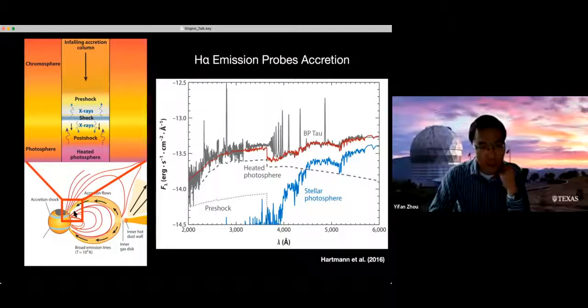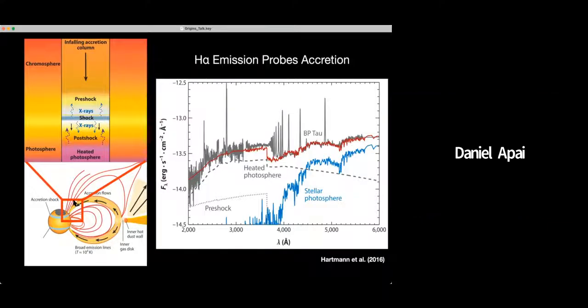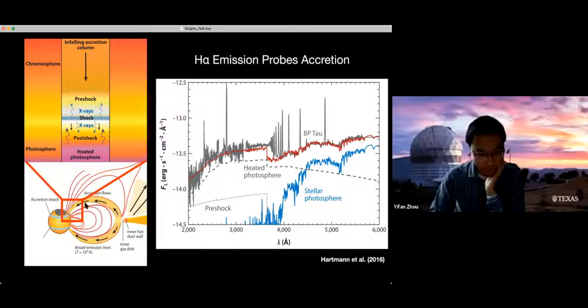On the stellar surface, the velocity of the accretion flow is so high that it is above the local sound speed. So it's a supersonic accretion flow onto the stellar surface. At the stellar surface, an enormous amount of kinetic energy is converted into thermal energy at the accretion front.